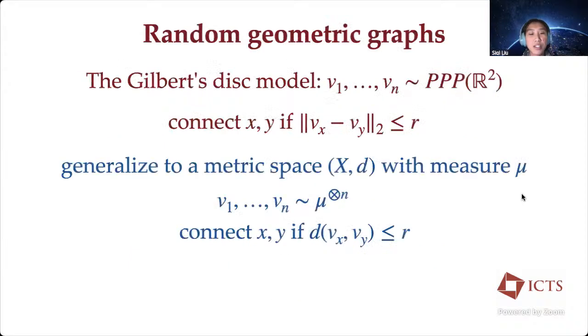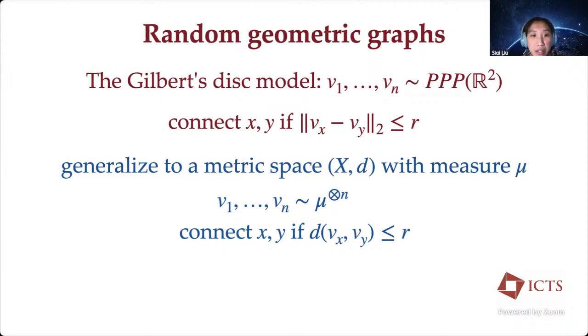Okay, so let's jump right in. The model we'll be looking at in this talk is random geometric graphs. This was first studied in the 1960s by Gilbert, and the model studied at that time was called Gilbert's disk model, where on the real plane, one samples points through a Poisson point process, and then among these points, you connect two points x and y if their Euclidean distance is at most some threshold r that's picked ahead of time.